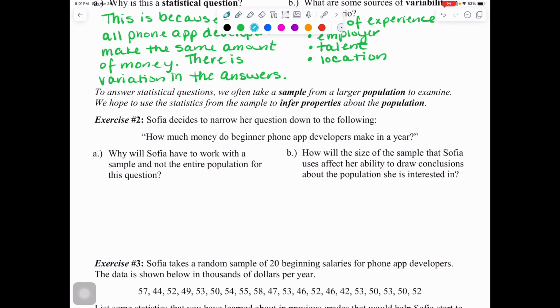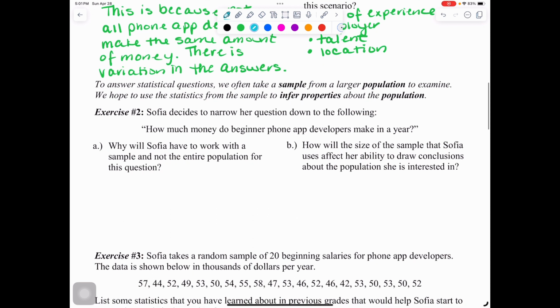How much money do beginner phone app developers make in a year? So part A, why will Sophia have to work with a sample and not the entire population for this question? I bet you there are a lot of beginner phone app developers. There's no way she could ask every single person, so we're just going to take a sample.